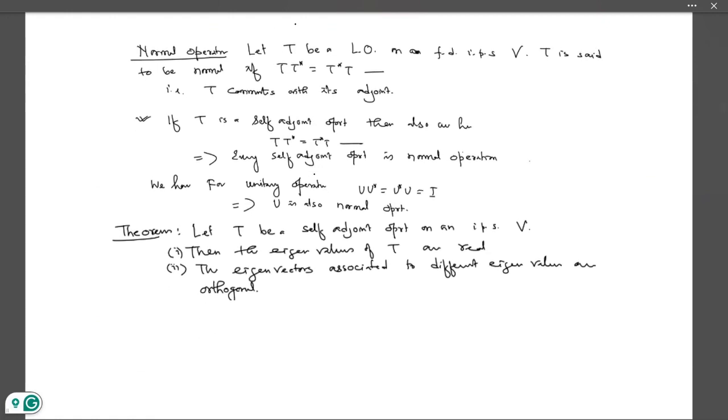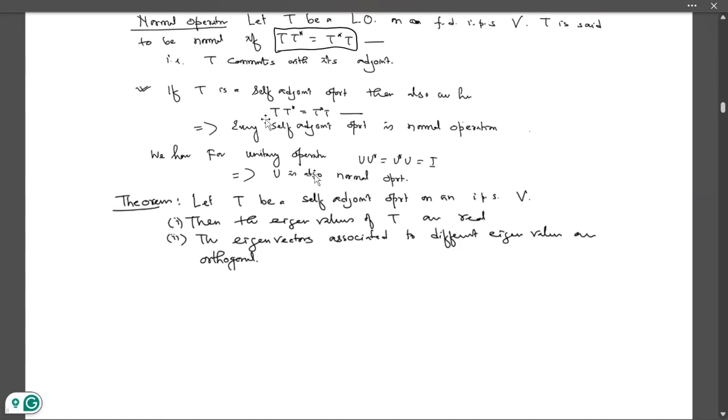Okay. So next we have normal operators, which are basically such operators that commute with their adjoints. Self-adjoint operators are those where T star is equal to T, and they satisfy this condition, right? So they are normal.